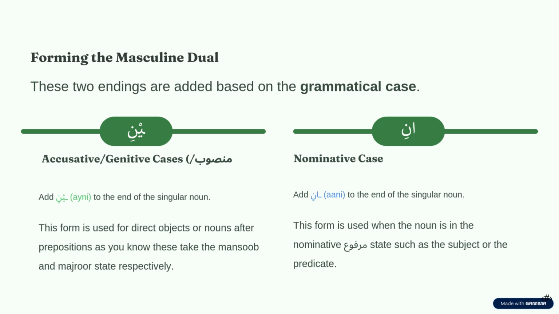Now, talking about the dual, if it ends in ani, it's مرفوع. But if it has aini, then it is منصوب or مجرور. So to make our noun dual, we will add ani or aini, but we will pick between these two options based on the grammatical end case we want to express.